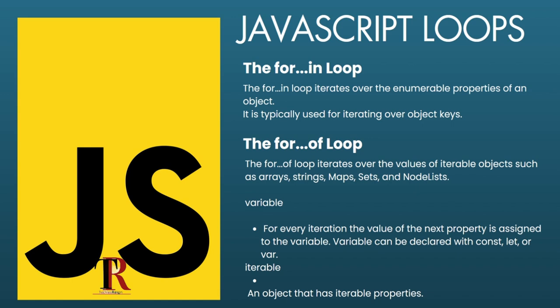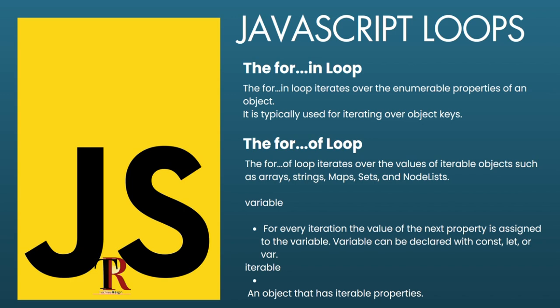Each value of the property in your object will be assigned to the variable that has been set. And the iterable is an object that has iterable properties. If the properties of an element cannot be iterated, then even the for of loop would not work.